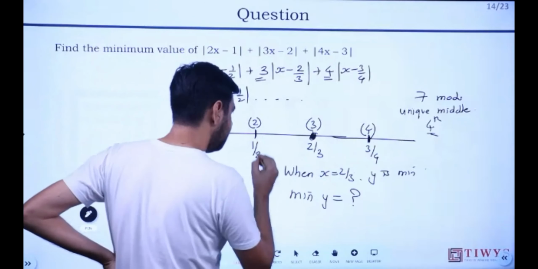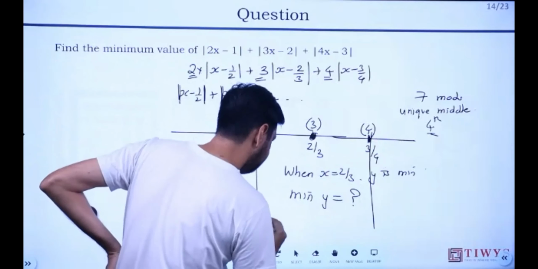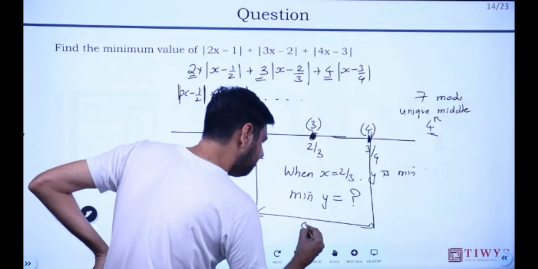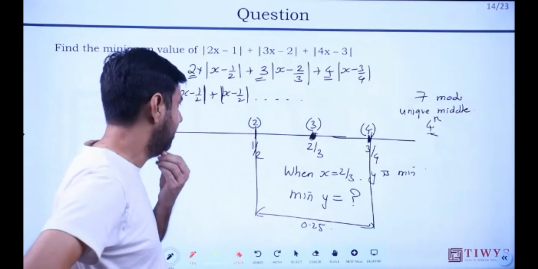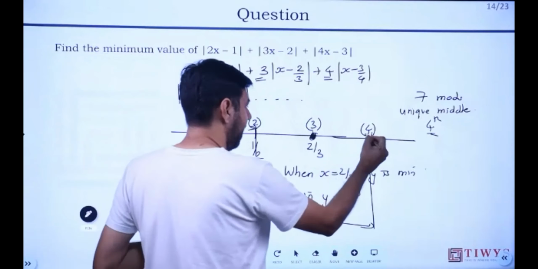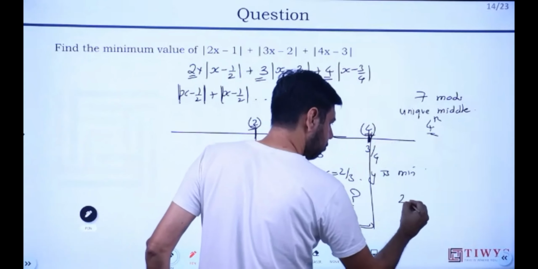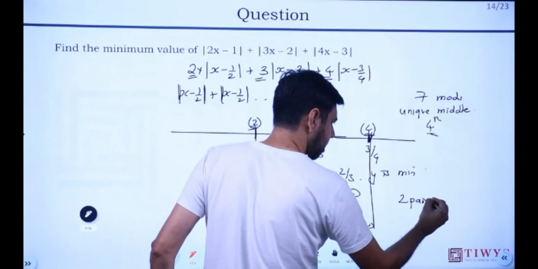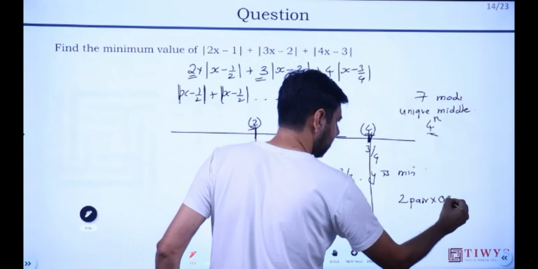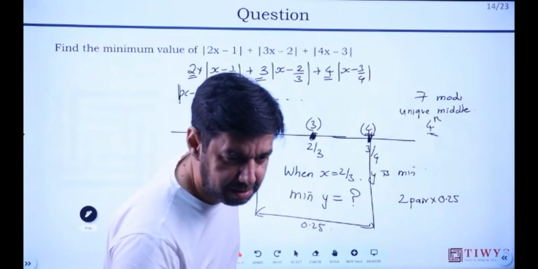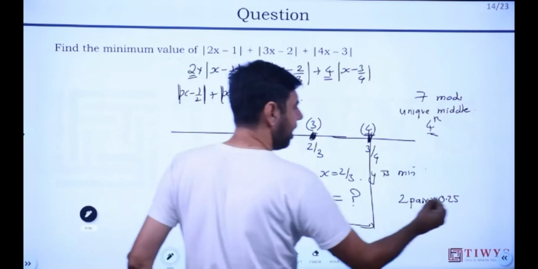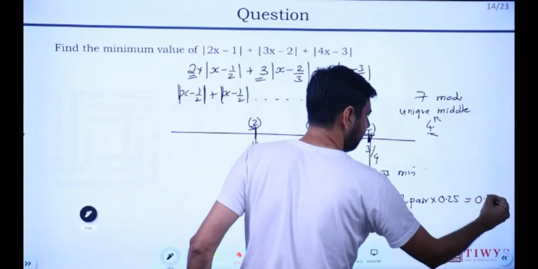This whole distance is 0.25. I've shifted to decimals now. 0.25. How many will do it? 2 pairs. 2 pairs of people will cover, each will cover 0.25 to meet. Oh, 3 minutes are over. Okay, which will be 0.5.